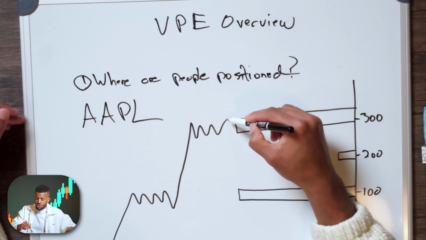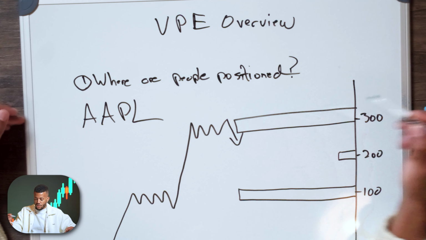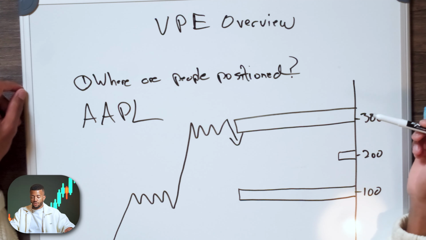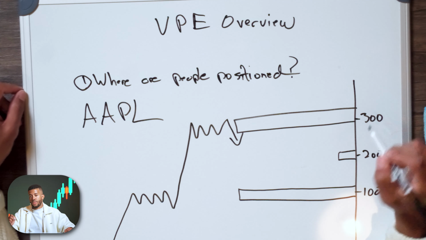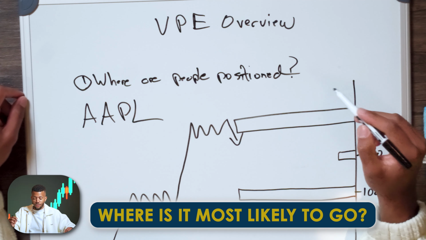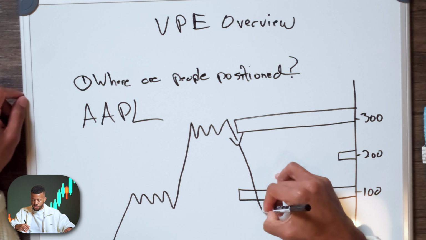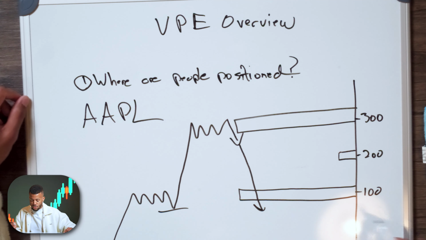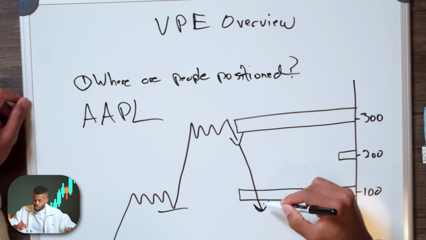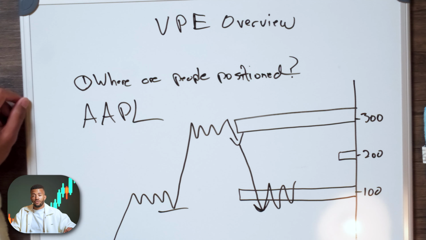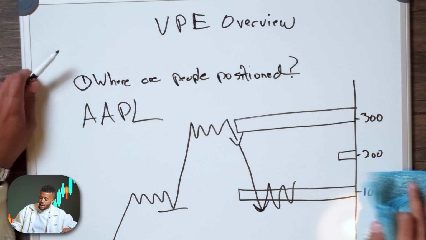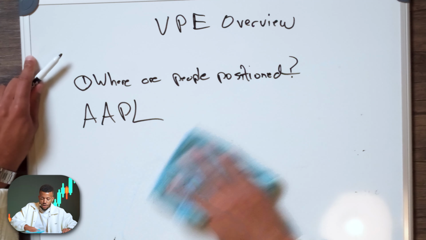So if Apple starts to break out of this level at $300, I have to ask myself, where is it most likely to go? Well, it's most likely going to come down. It'll sweep this previous low, but we should expect a reaction around $100. It's really, really simple, and that is what's core to the volume profile.